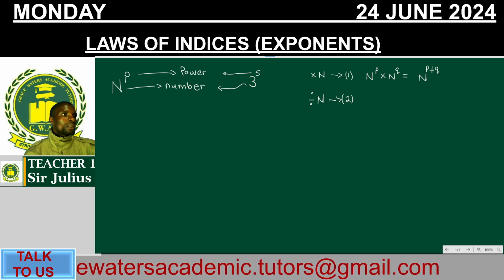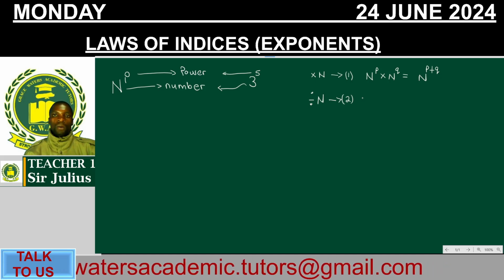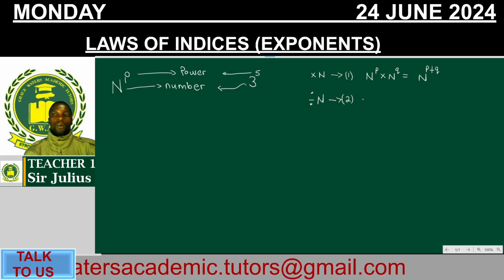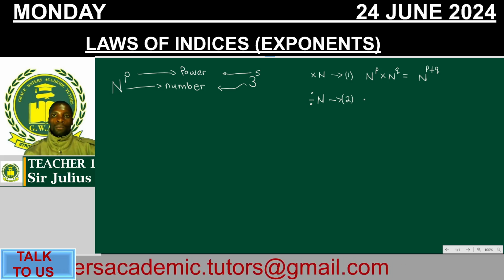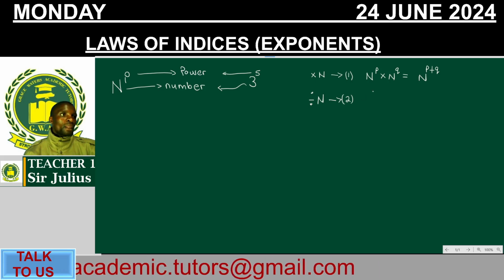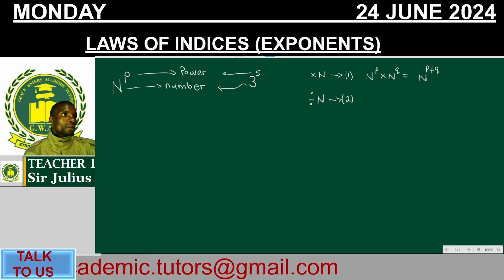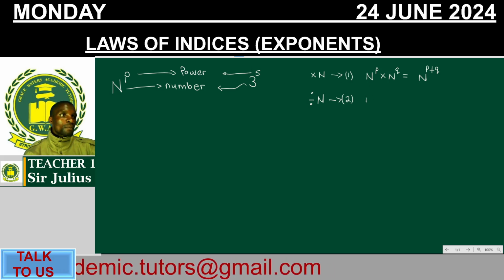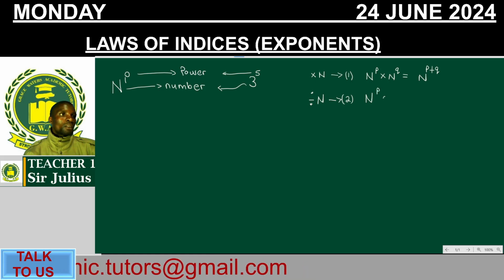Then we consider the second law. The second law is the other side of law number 1, where we have n to the power of p, and instead of multiplication we are on division, divided by n to the power of q.